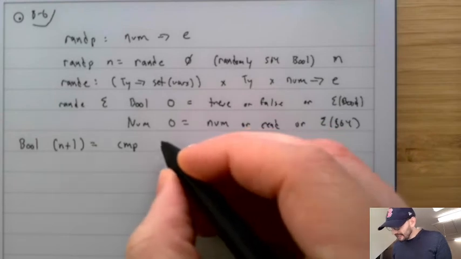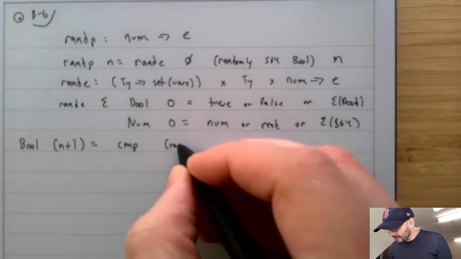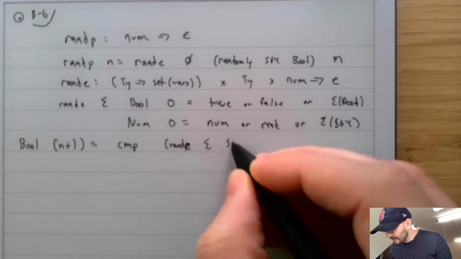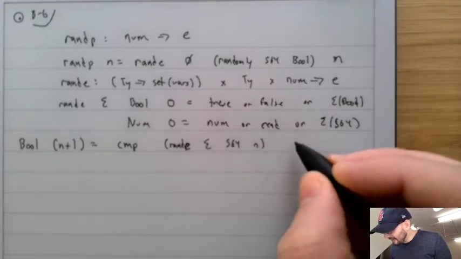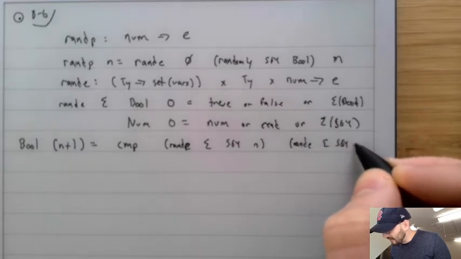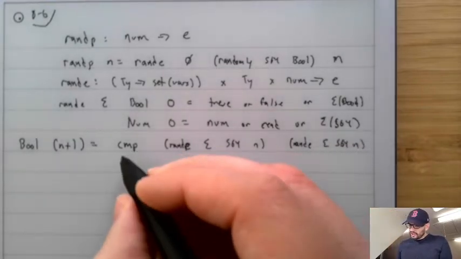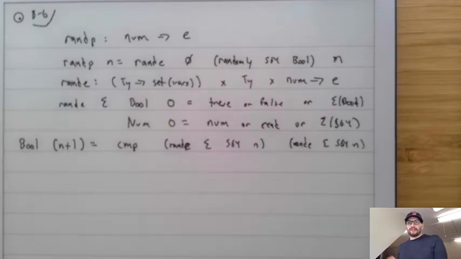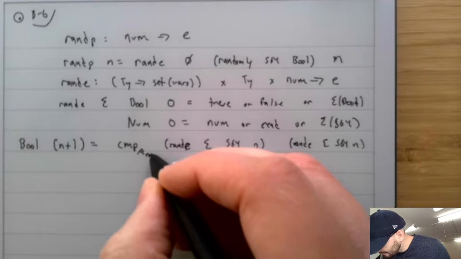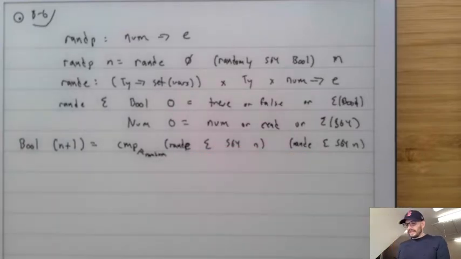And compare is going to take rand e of sigma s64 and n, and then another rand e sigma s64 and n. And of course, we'll choose this randomly. We'll choose which comparison operation it's going to be randomly. Let me just put a little note right here, random. Okay, that's one way to get a Boolean that is structured.